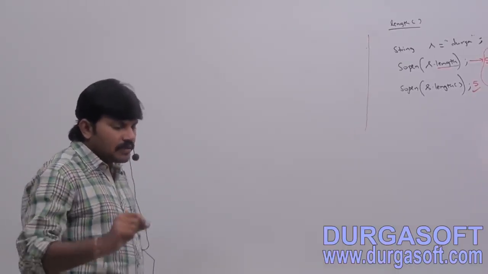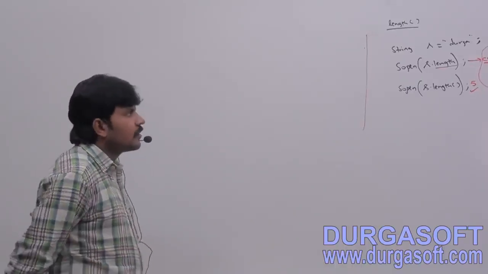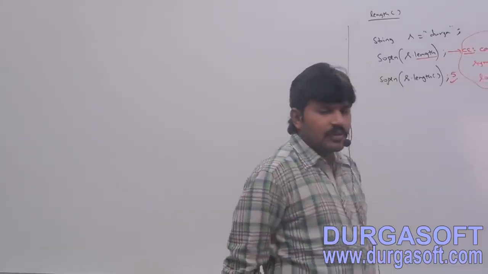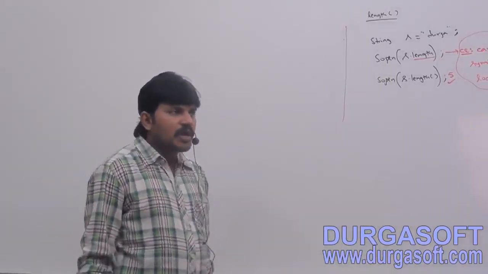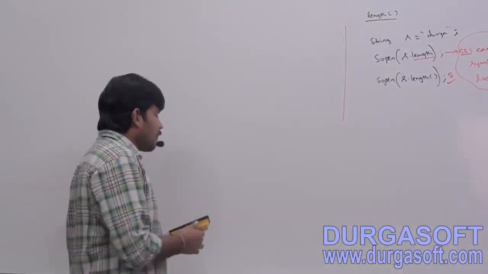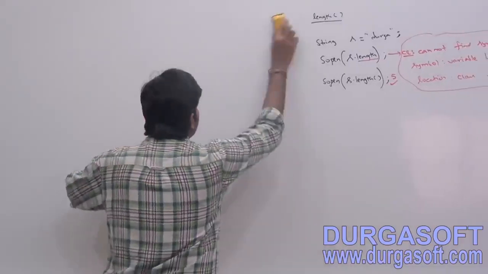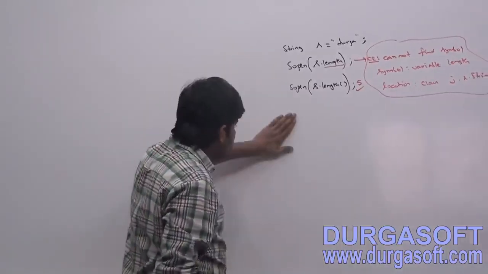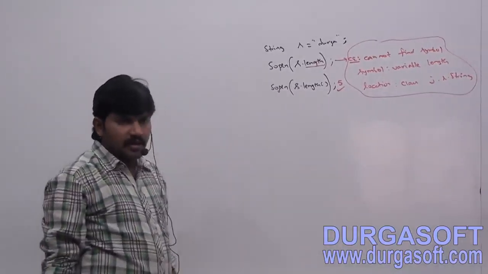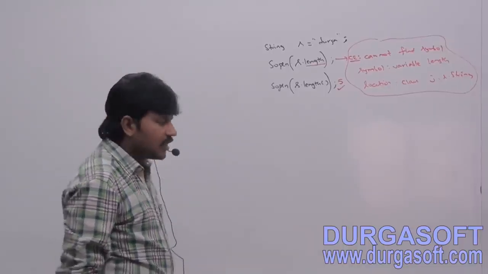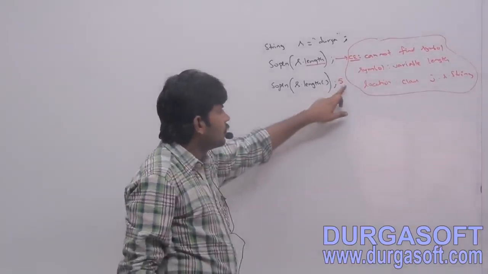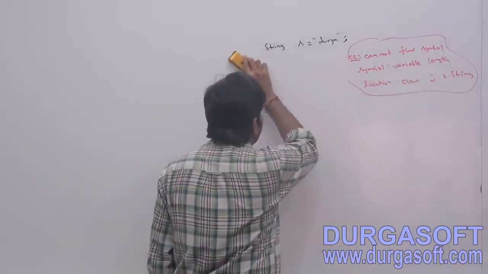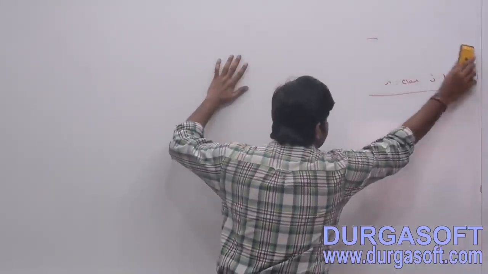Next, the length method returns the number of characters present in the string. That's all. Are you able to understand, right? So this is what you people should be aware of clearly.